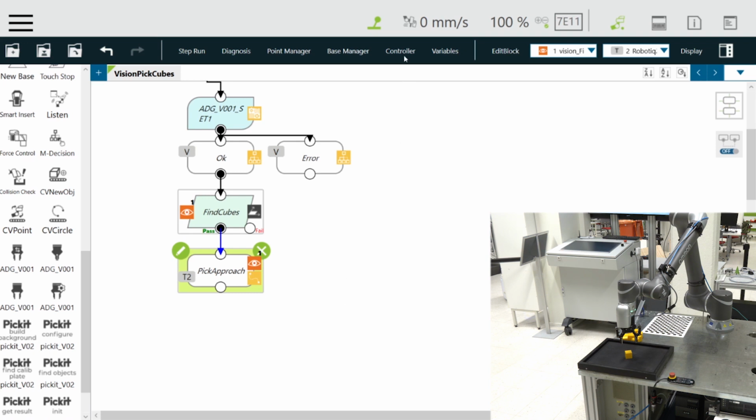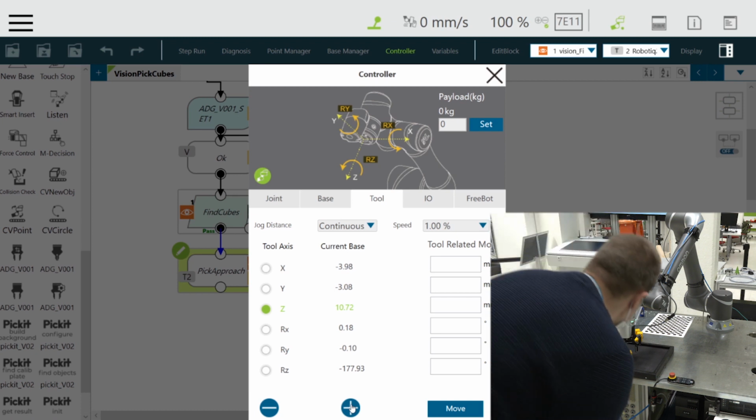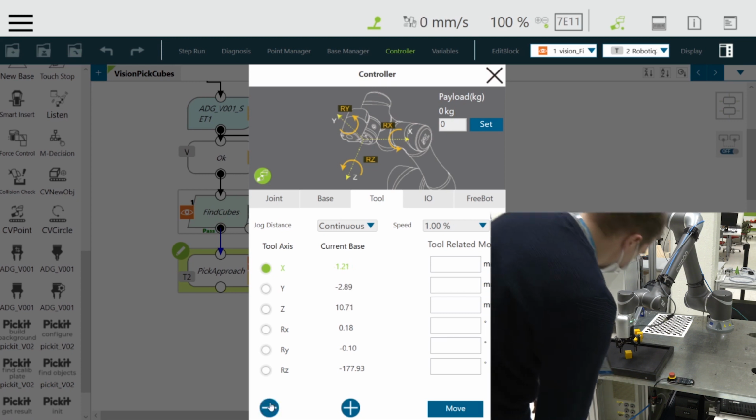The robot is easier to move to the pick point precisely from the robot controller window. This is the robot controller window where we can control all the axes and rotations. First, the z-axis was done precisely, and then x.